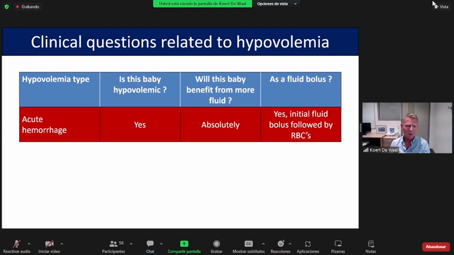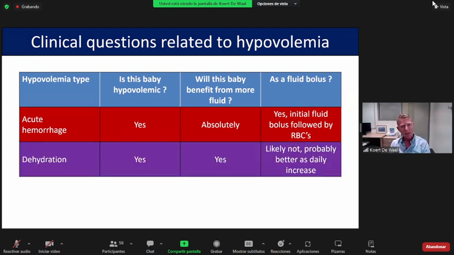More fluid is required. Dehydration, is this baby hypovolemic? Yes. Will this baby benefit from more fluid? Yes, but probably not as a fluid bolus. Maybe better as a daily increase where you gradually make sure you use those intricate water carrying channels, which are active processes within the body, and don't disturb it as much.